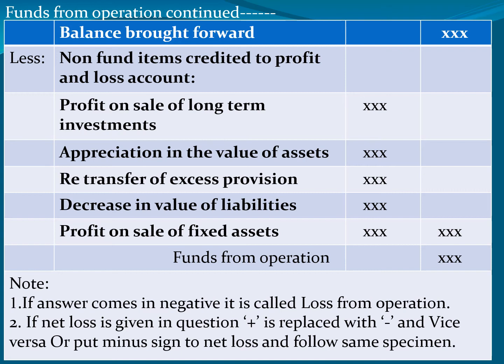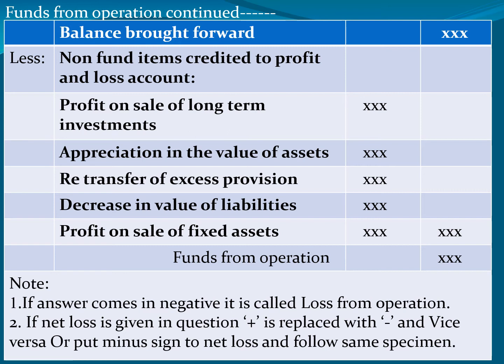If a net loss is given in the question, it's a very important thing. The format begins with net profit as per income statement. Suppose there is a net loss, then use the same format. Replace the add with less and less with add.